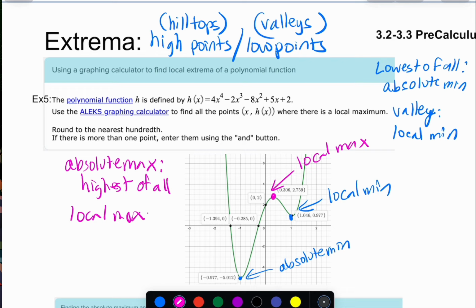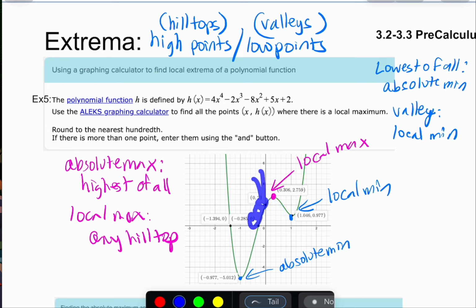A local max is just any hilltop. So local to the area, it is a hilltop. It is maximum to the things that are right around it. If you are the little math bug and you're walking up there, you are still having to go up to a hilltop.